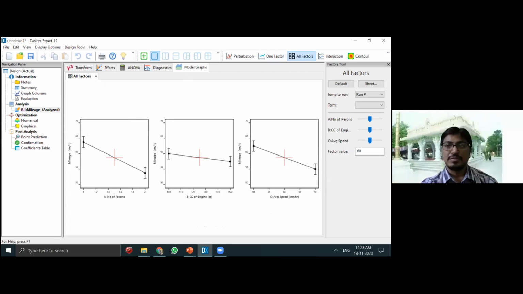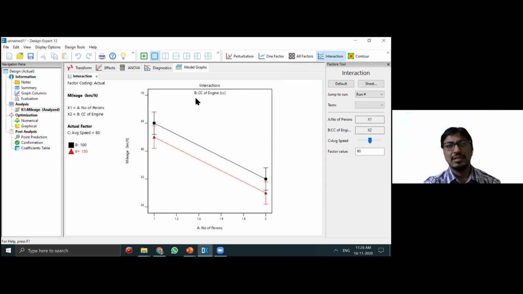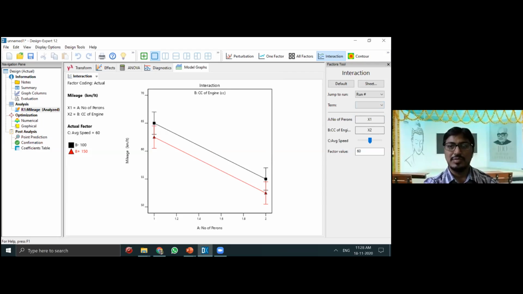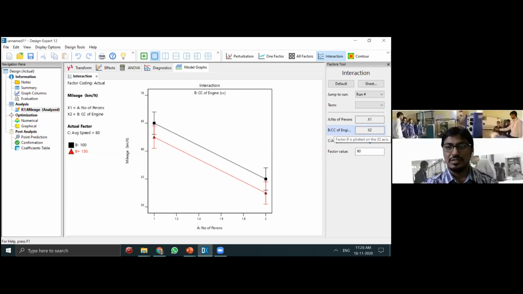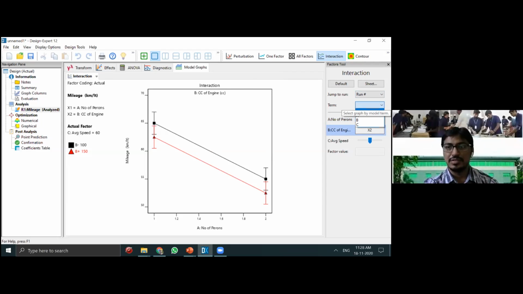Okay. So interactions we have not considered, but still, if you want to represent it, there isn't any interaction here between A and B. There is number of persons and CC of engine. If I want to change the terms, I can change this here.